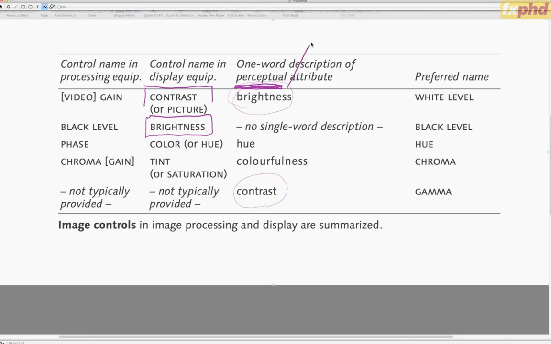So brightness as a perceptual attribute relates to luminance, which is the technical term that I've been using throughout the course. Luminance, as I think I mentioned previously, comes in two flavors. It comes in the absolute flavor, where its symbol is L, and its units are nits, or candelas per meter squared. It also comes in the relative flavor, whose symbol is Y, and which has no units.